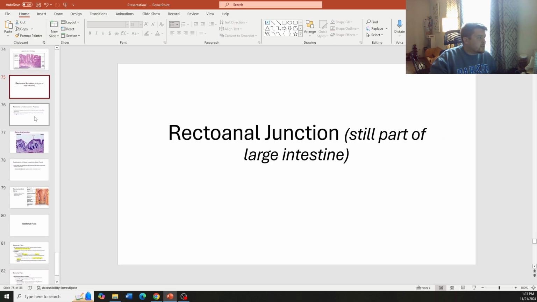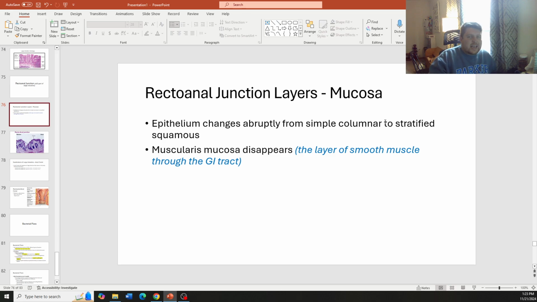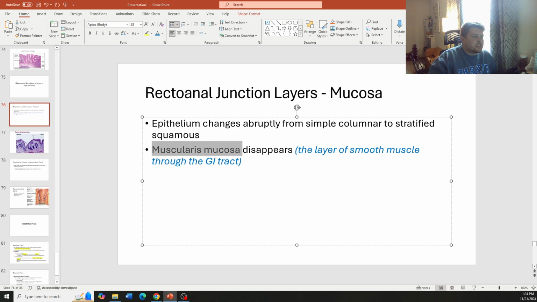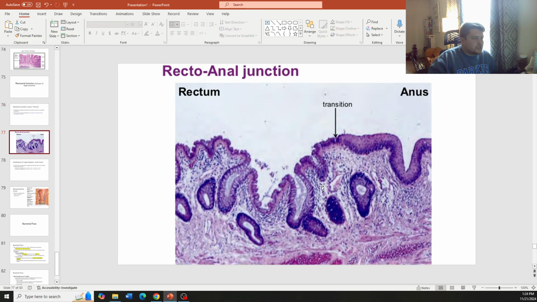So we want to make sure our cells are protecting the layer and that they can be replaced quickly. We also lose the muscularis mucosa as part of the rectoanal junction. You can see here, from the rectum to the anus, you suddenly get a transition from columnar to squamous cells.